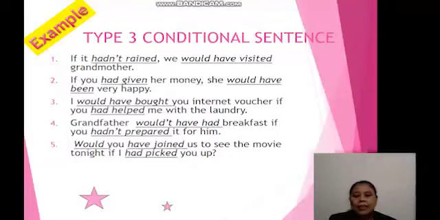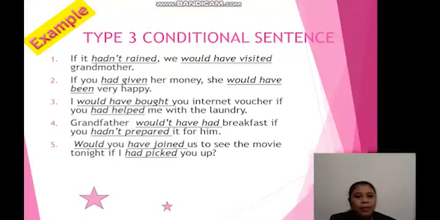Okay, now let's see the example of type 3 conditional sentence. Number 1. If it hadn't rained, we would have visited grandmother. Please pay attention to the verbs underlined here.